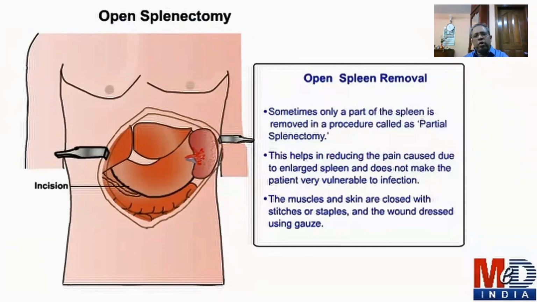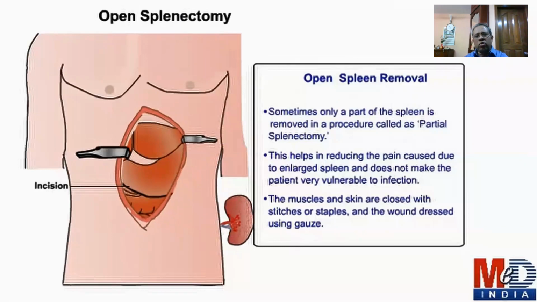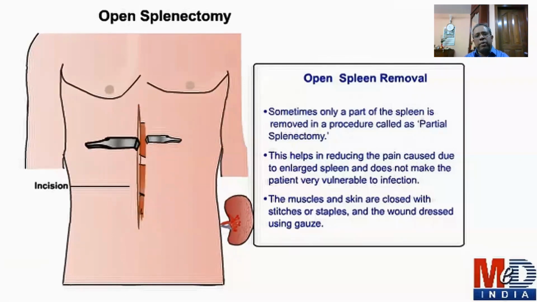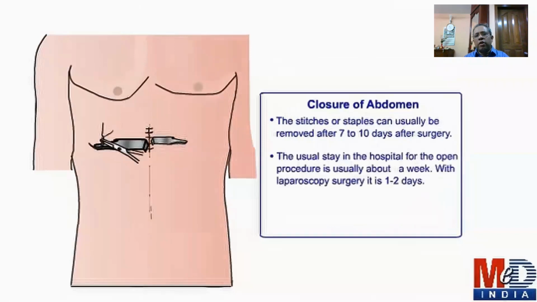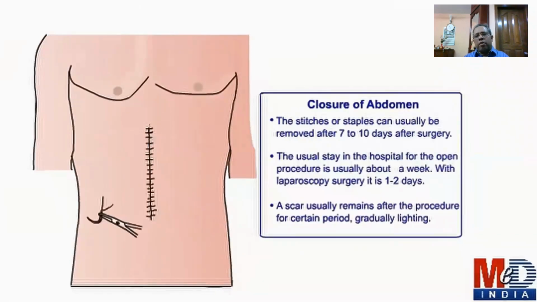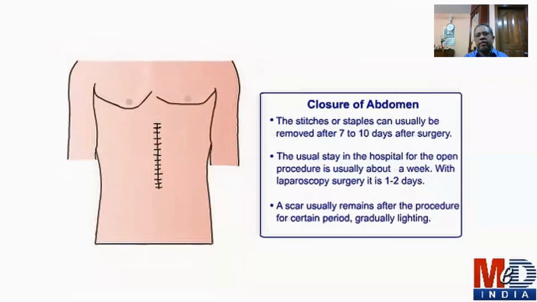In a partial splenectomy, the hilar vessels are ligated, then the spleen is moved out. Then the muscles and skin are closed. Always keep some drain there. These cases are treated with steroid for 10 days.